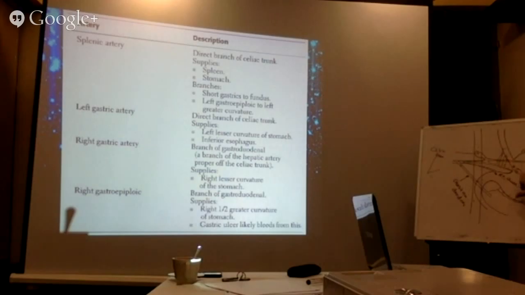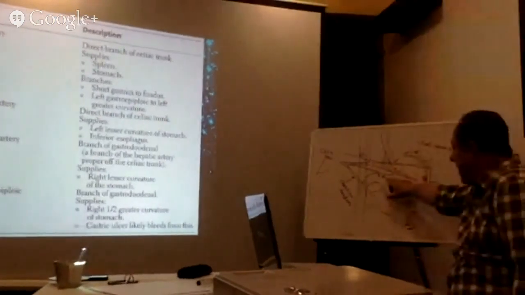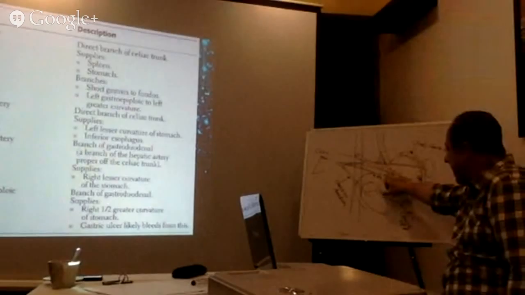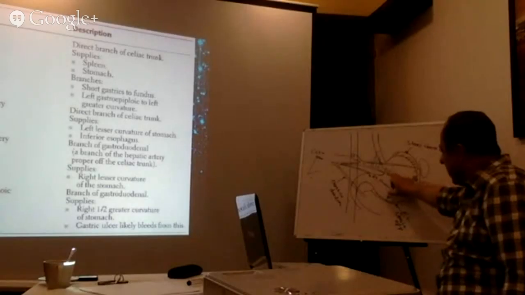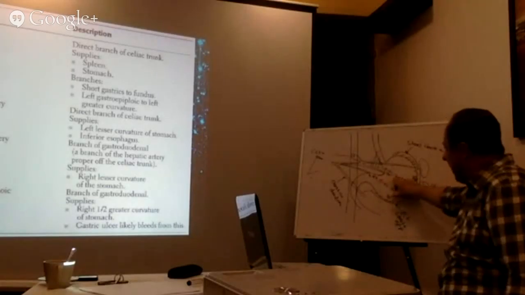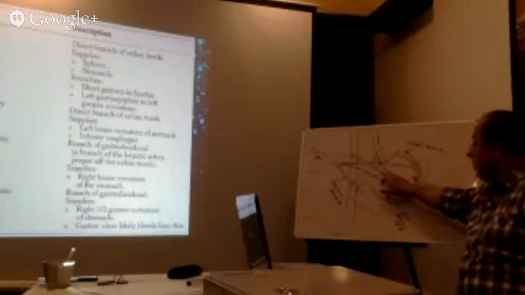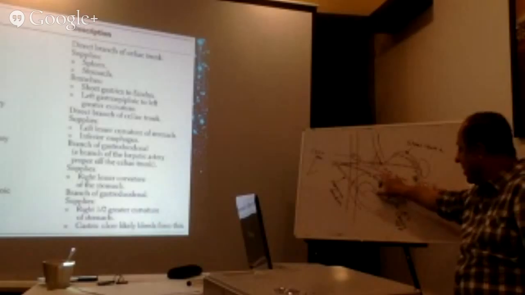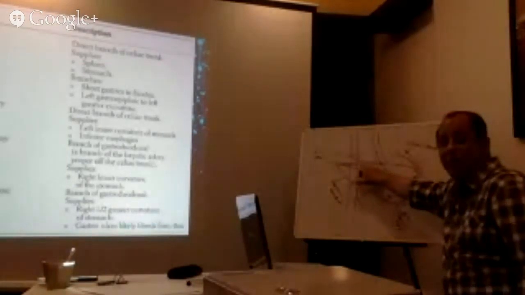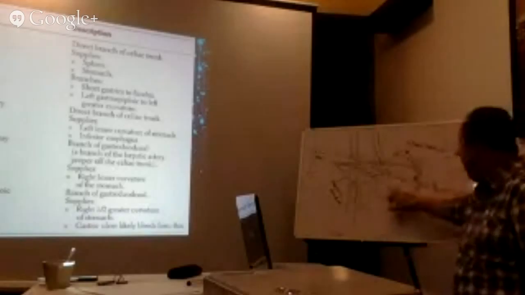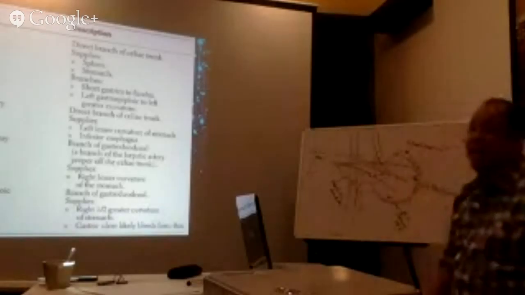Look here, guys, the left gastric artery and the right gastric artery get blood supply to all the areas nearer to the lesser curvature of the stomach. But here, they come from different branches. The left gastric artery comes directly from the celiac trunk, while the right gastric artery comes from the hepatic artery.